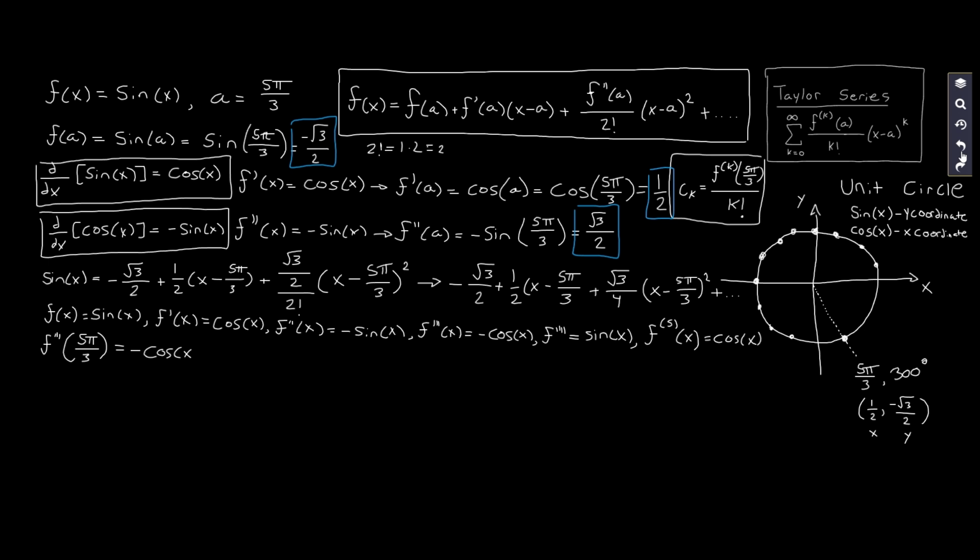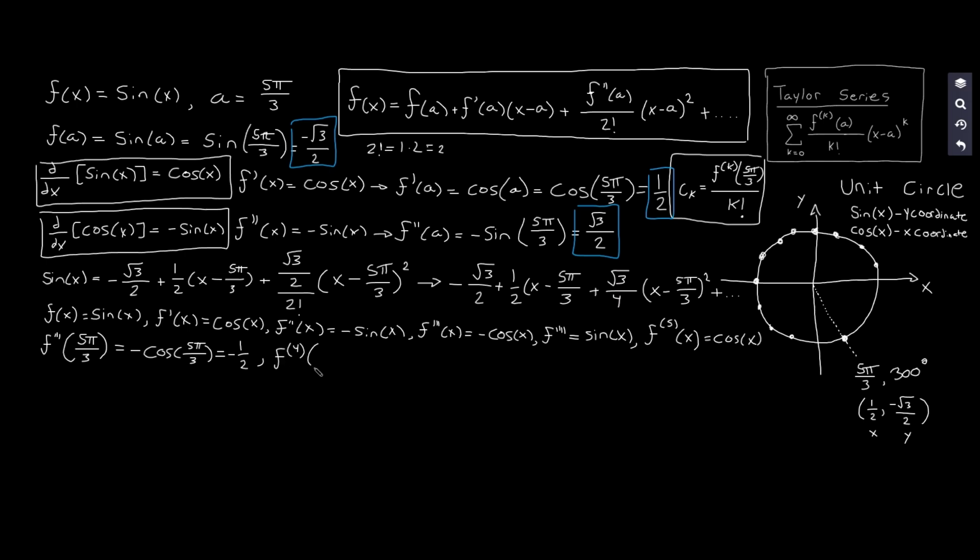Just kidding. Did I say negative cosine of x? I meant negative cosine of 5 pi over 3. Cosine x coordinate 1/2, negative sine, negative 1/2. Negative sign, just to be clear. Negative 1/2. All right, then we're going to run for the fourth derivative.